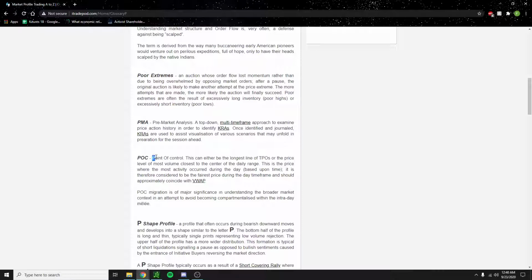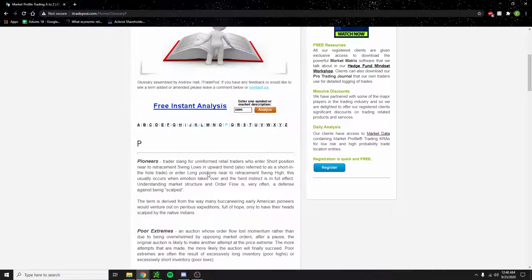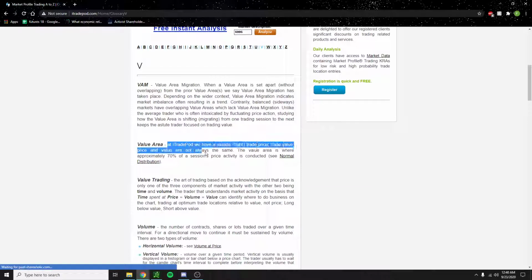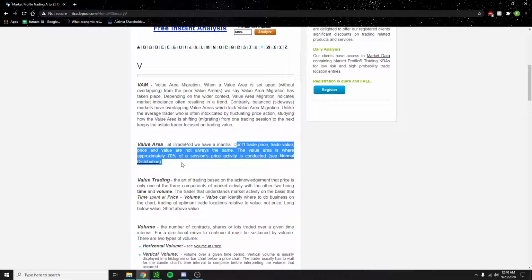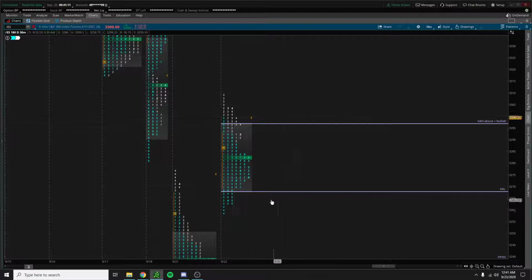Here it gives you a definition of what a point of control is. You just go through and look at what each of the terms means. Value area, right here, is where approximately 70% of the session is. So it gives you a glossary to understand the terms.